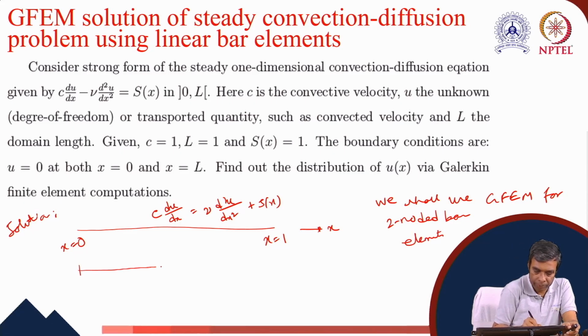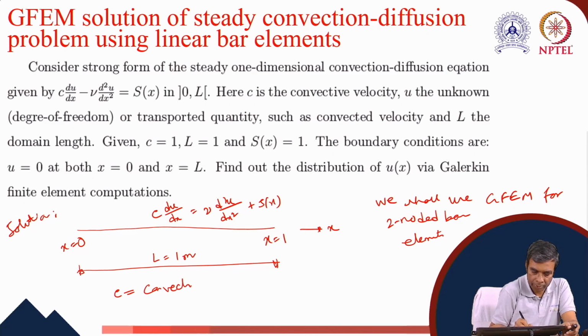Our length of this domain, this is L equals to 1 meter. We have been given C, the convective velocity, which is 1 meter per second. And we have to find a solution for different Peclet numbers.